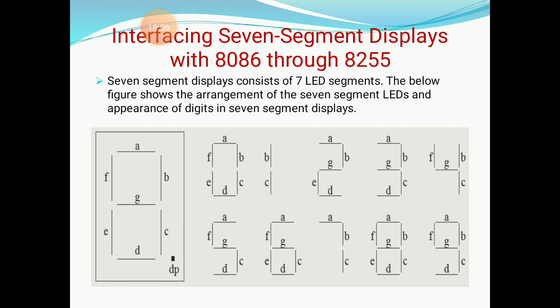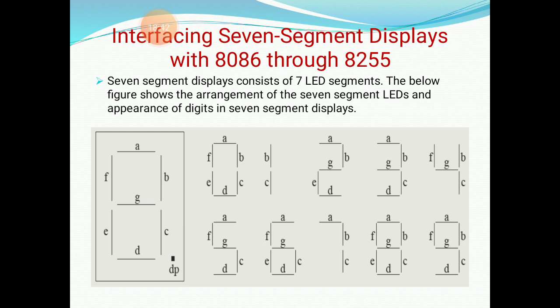To display 2, the segments that will be on are A, B, D, E and G. To display the BCD number 3, the segments A, B, C, D and G will be on. For 4, the segments required are B, C, F and G. For 5, A, C, D, F, G. These 5 segments will be on.